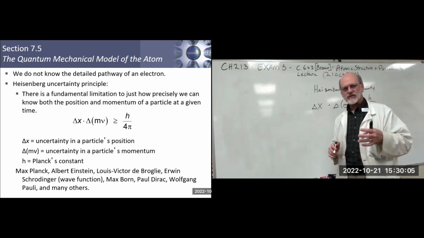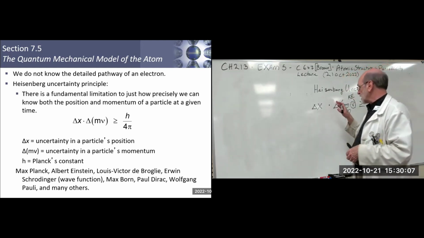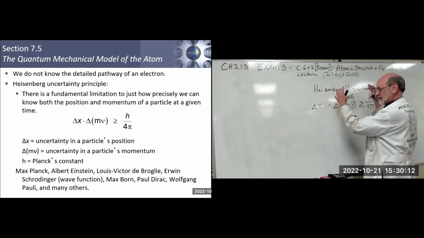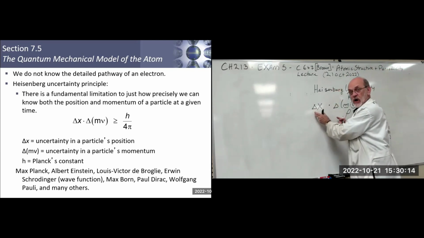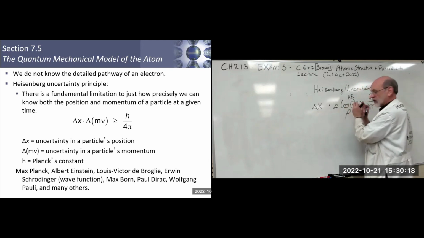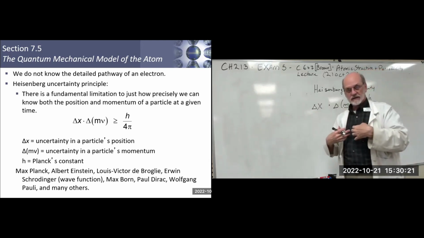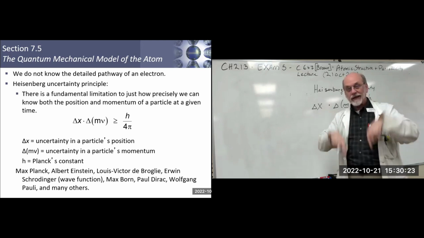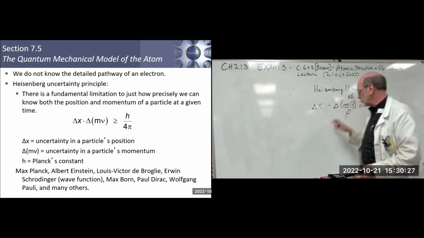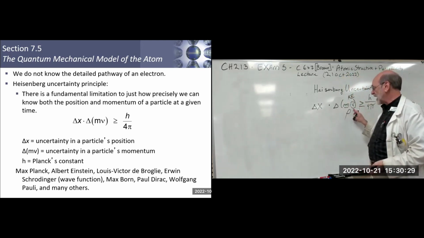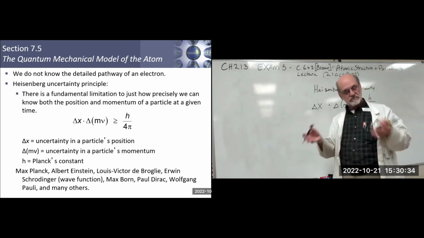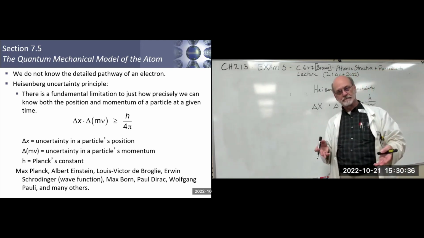Okay, what does that mean actually? Well, if you're really big, if you have a huge mass, then this one is large and this one can be very small. So the error in position is very small for large masses like me. That's why you know I'm standing right here. And you know I'm not moving, right? So with a big mass, you can know both my velocity and my position with relative accuracy.